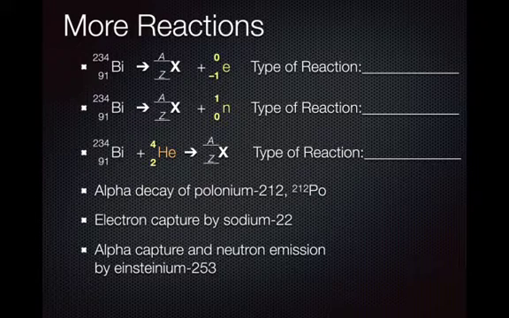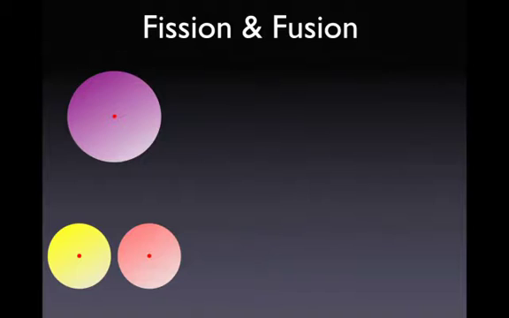So bismuth 234 plus the alpha particle in number 3 is called alpha capture by bismuth 234. And we'll talk more about how to set these up in a couple more slides.